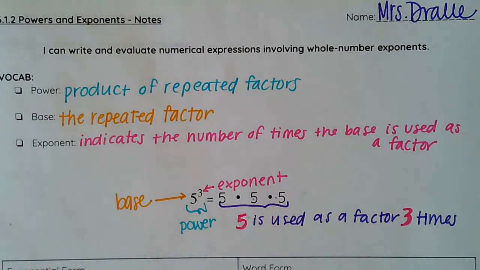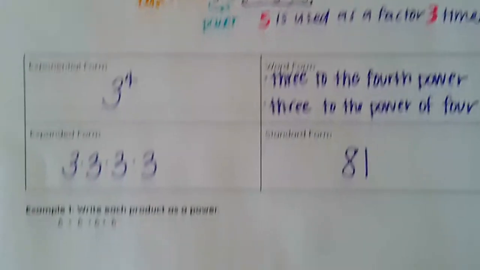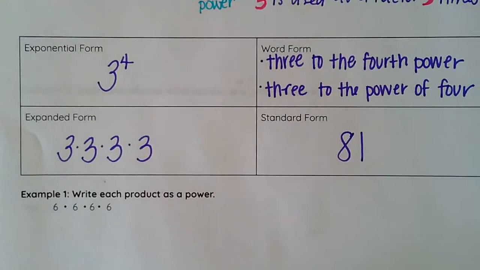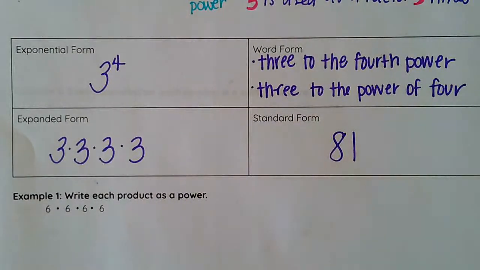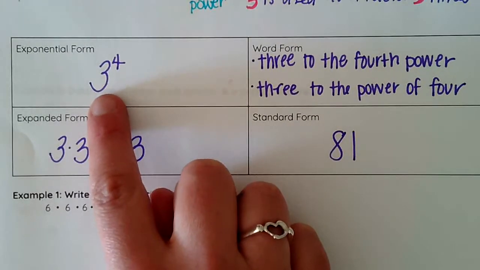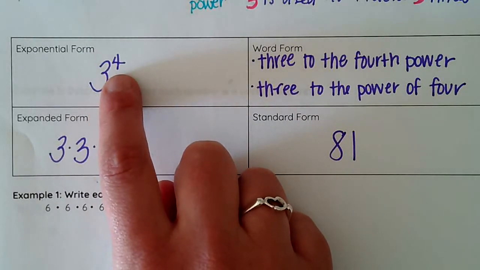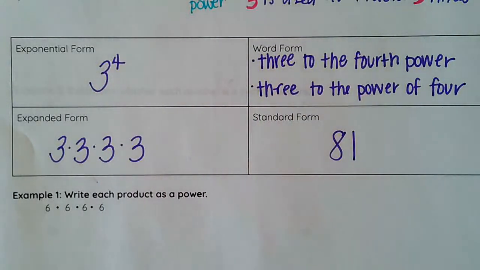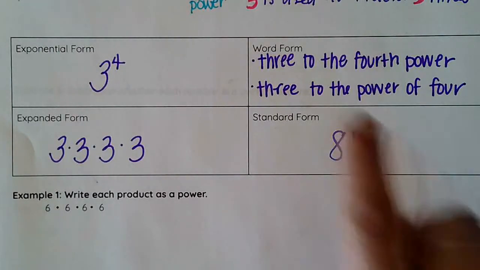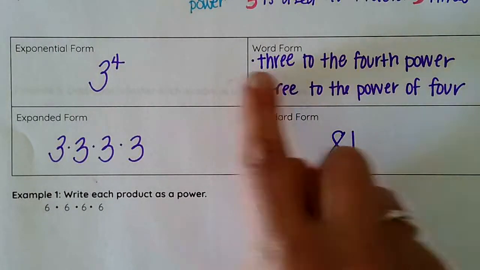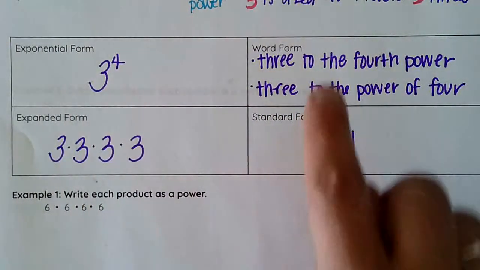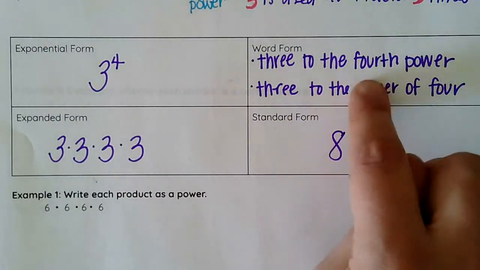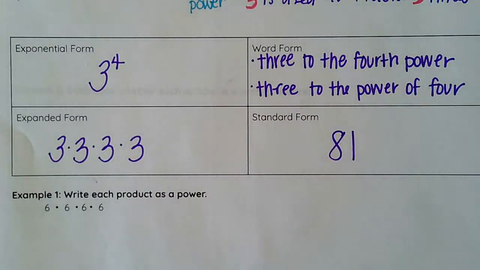So let's take a look at a couple of different forms that we can write those exponents in. So first we have our exponential form. When we write something in exponential form, we've got that base and we've got that exponent up top. We can also write this or say this in word form. So we would read this in this exponential form as 3 to the 4th power, or 3 to the power of 4.